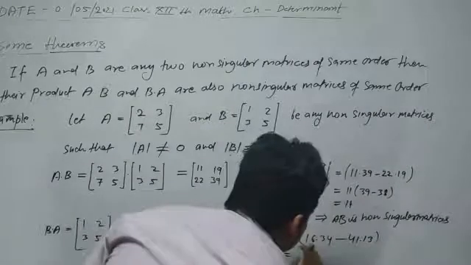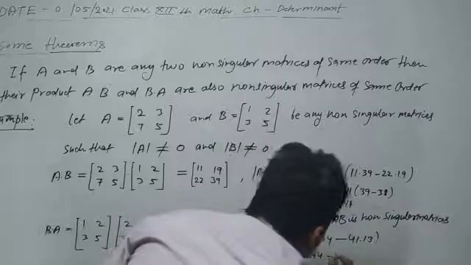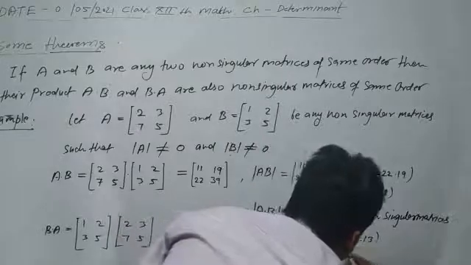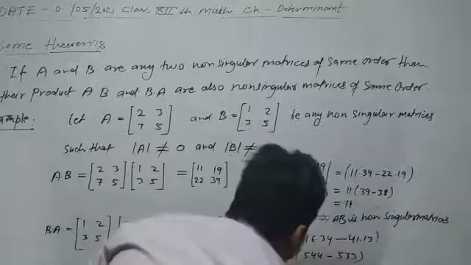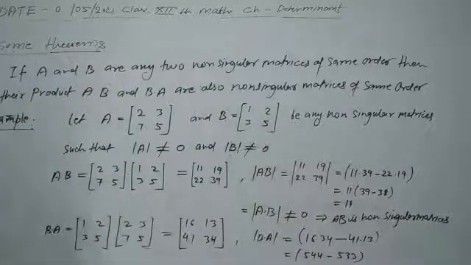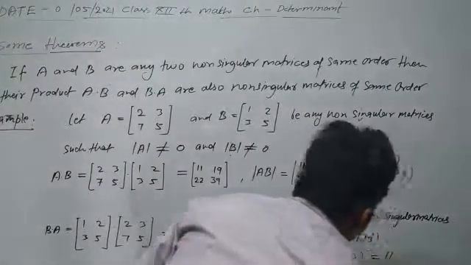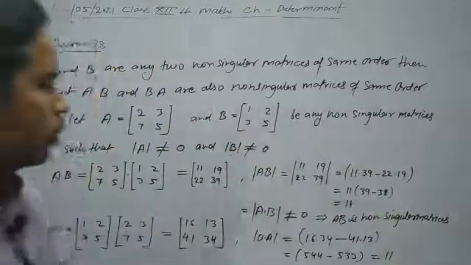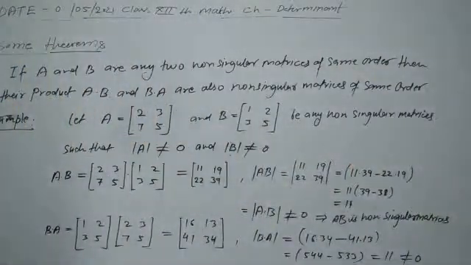So the result is 16 into 34, that is 544, minus 533. Result is 11. This is also not equal to 0.